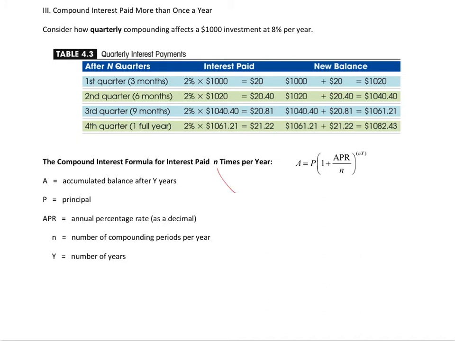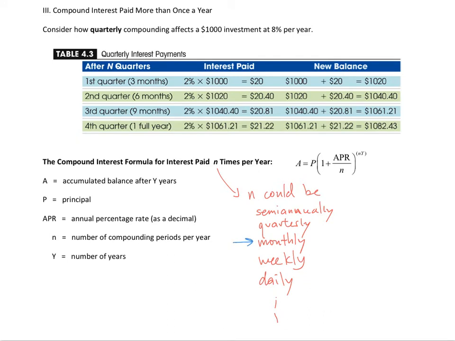When we say n times per year, n could be semi-annually, quarterly, monthly, weekly. There are lots of different ways to break up a year. Daily, and so on. I'm going to tell you, in the real world, the most common one is monthly. If you have a savings account, a credit card, or a mortgage, you only get charged your interest one time per month.